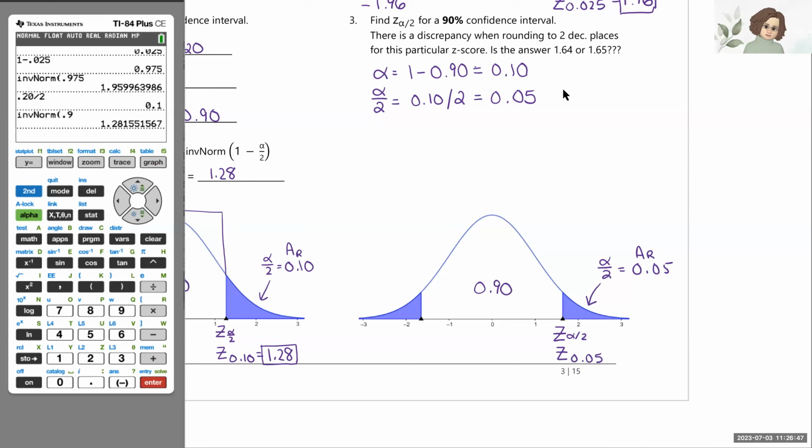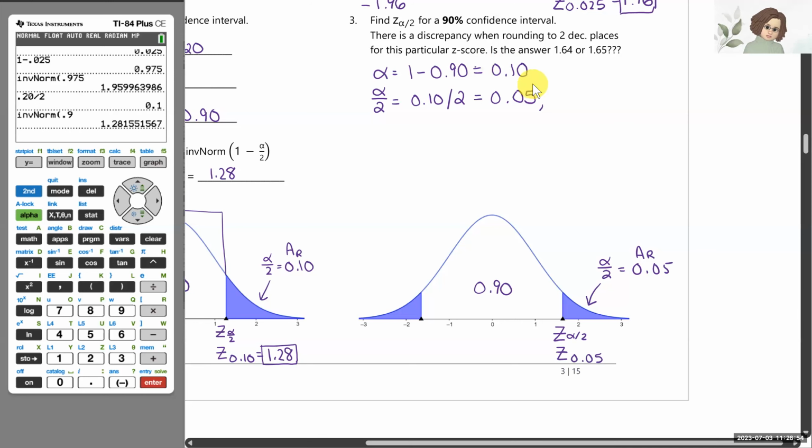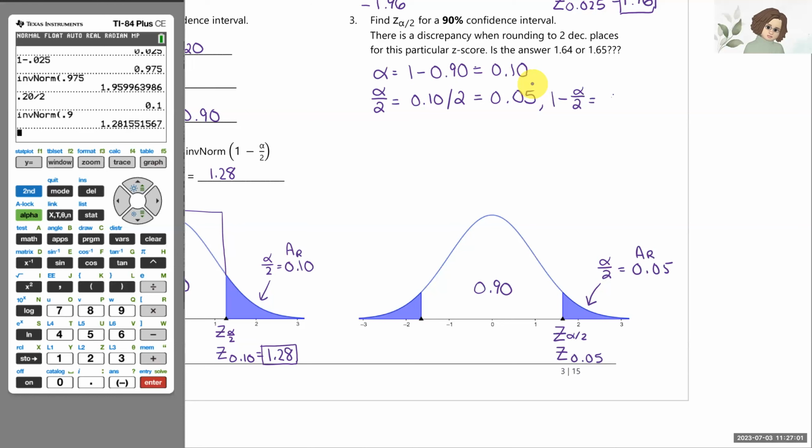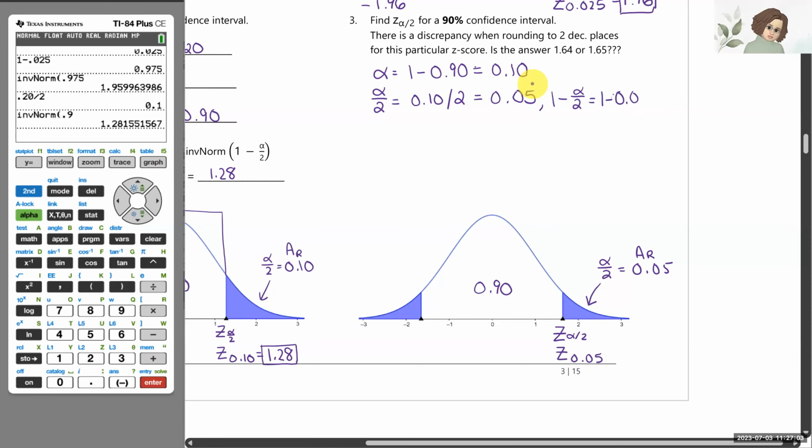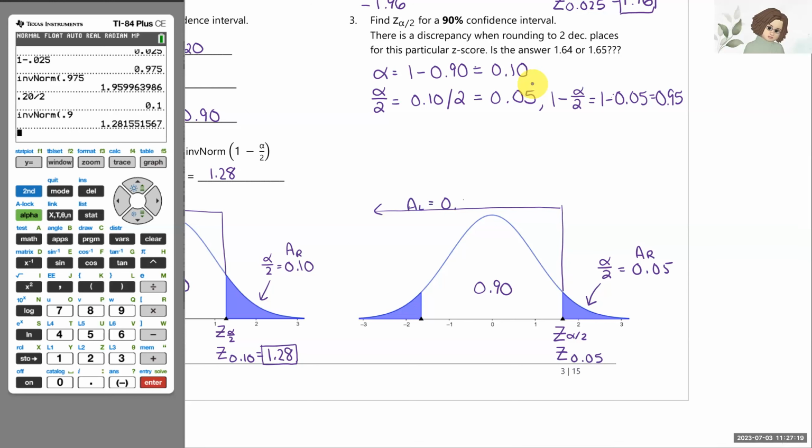Okay. Now I need the area left of it. So I'm just going to come back up here. The area to the left of it is 1 minus the area to the right of it. So 1 minus your 0.05 will give us 0.95. All right, I'll put it on the picture as well. So we're going to inverse norm that area to the left of it to find that z-score.